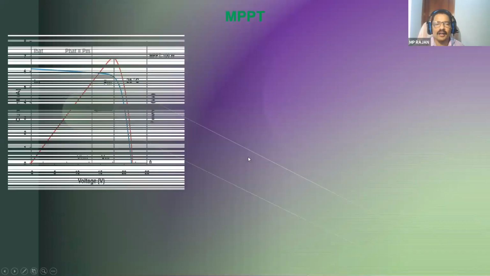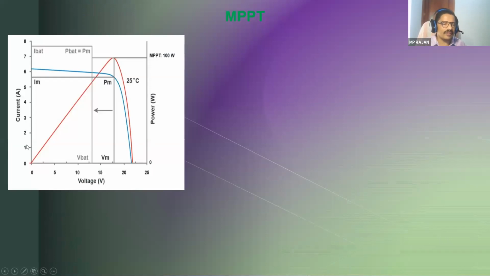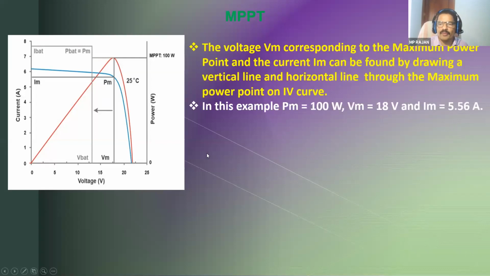Let us see what is happening here. Already explained. This is the maximum power point. This is the voltage corresponding to maximum power point VM, and this is the current. Sorry, you can say 18 volt into 5.56.